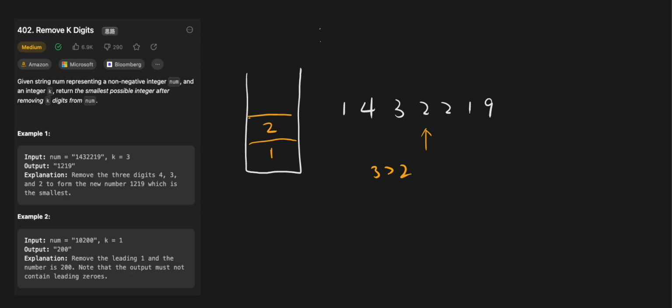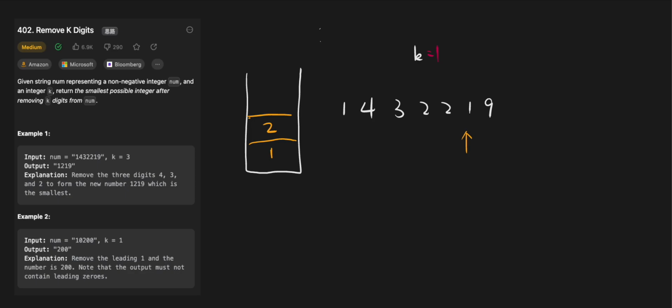We move to the next, and along this way we should keep track of the k value, since we have already experienced a 2 pop out, right? So k now should be 1, right?